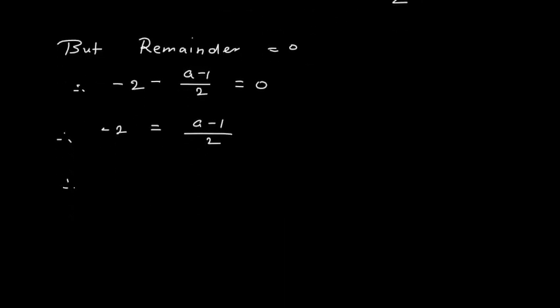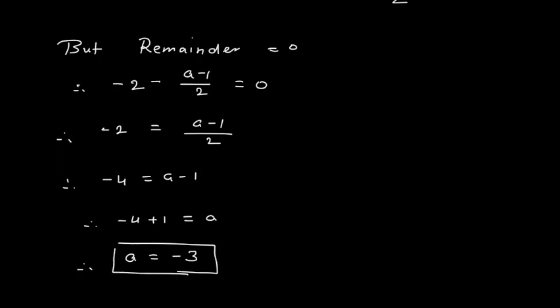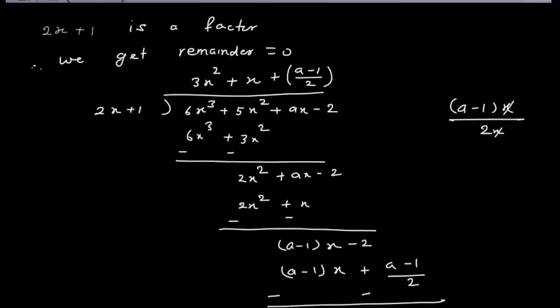So you simplify, you will get minus 4 is equal to a minus 1, and therefore this is minus 4 plus 1, which is the value of a. So the value of a we will get as minus 3.